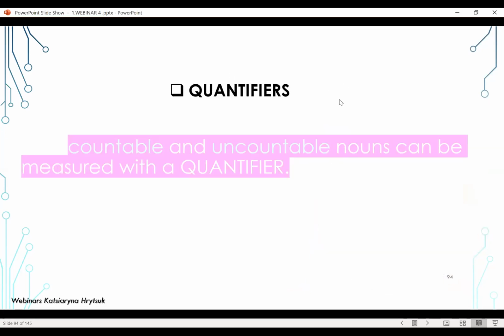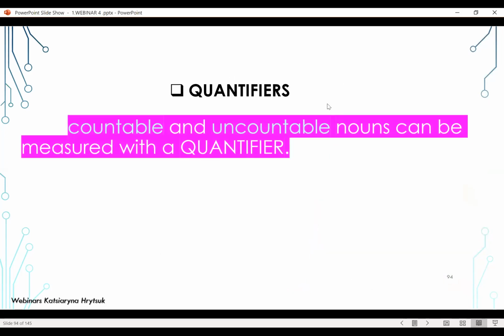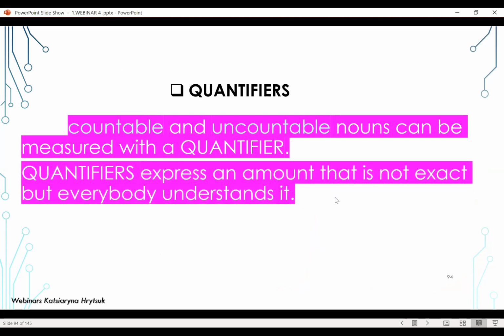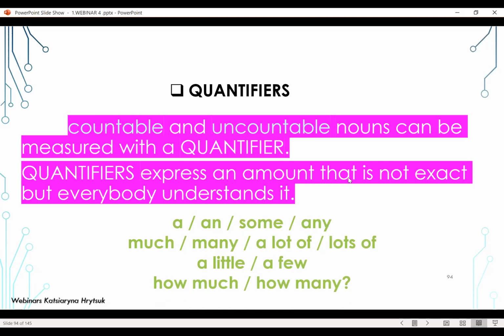Next, quantifiers. Countable and uncountable nouns can be measured with a quantifier. Quantifiers express an amount that is not exact, but everybody understands. It's not a measuring unit 100%. We can use a or an.